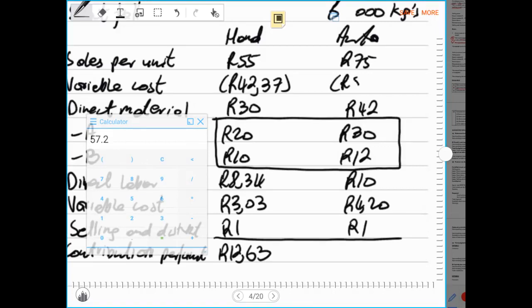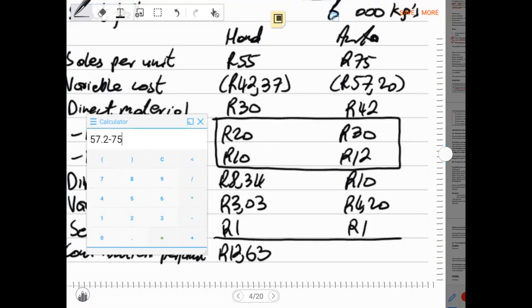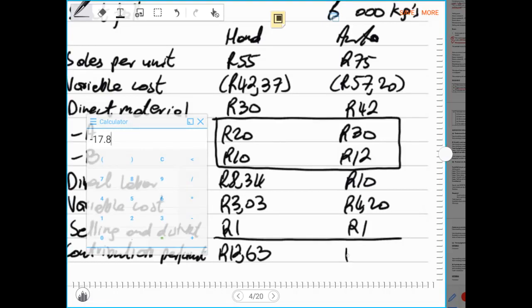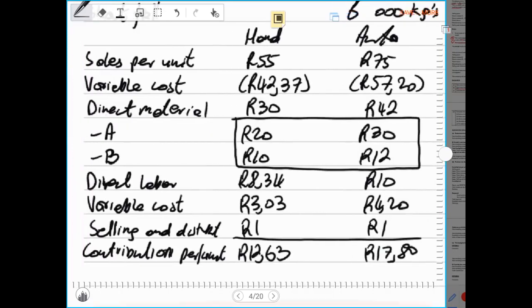Then after we say 42 plus 10 rand plus 4 rand 20 plus 1 rand, that gives us a total of variable cost of 57 rand 20 cents. And we subtract that from 75 and it gives us 17 rand 80 cents. So now we have calculated our contribution. Therefore now we need to divide by the limiting factor per unit.